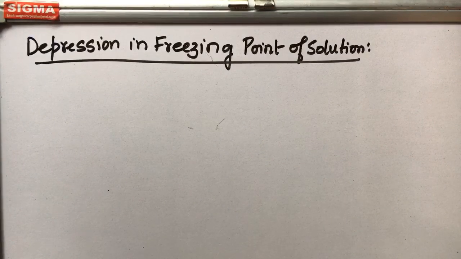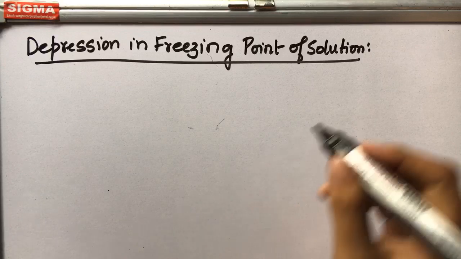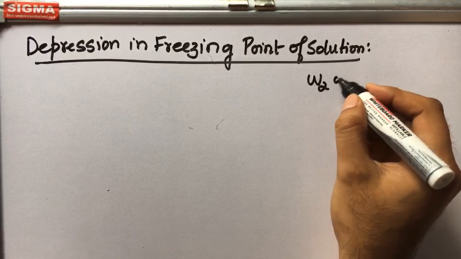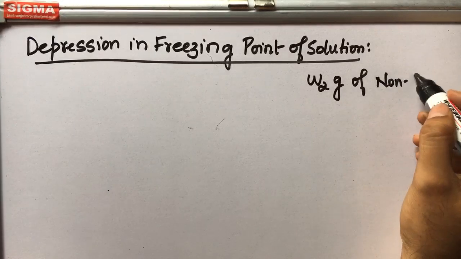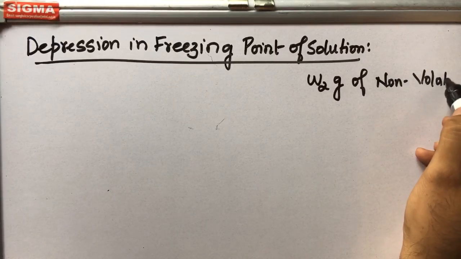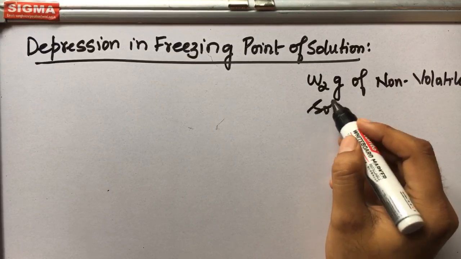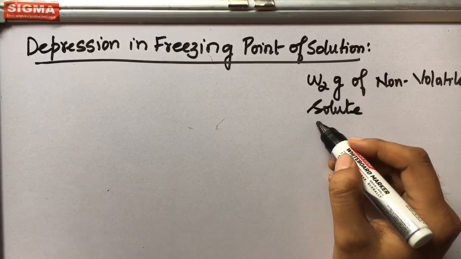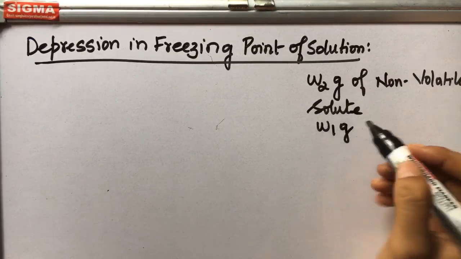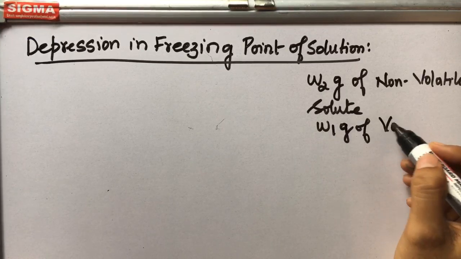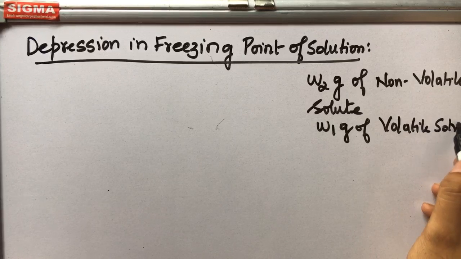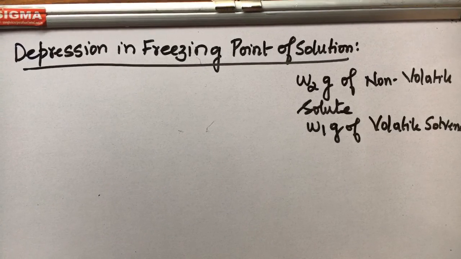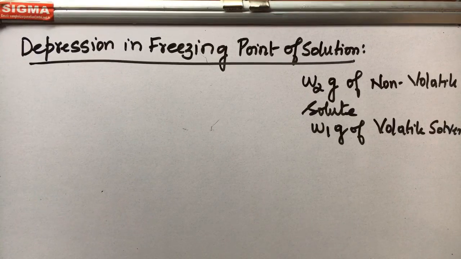We have studied that W2 grams of non-volatile solute was dissolved in W1 grams of volatile solvent so as to make a solution. So all these things you need to remember what we have discussed in the previous case.